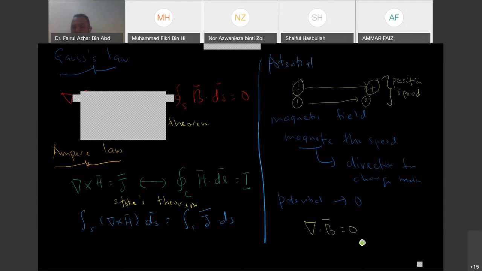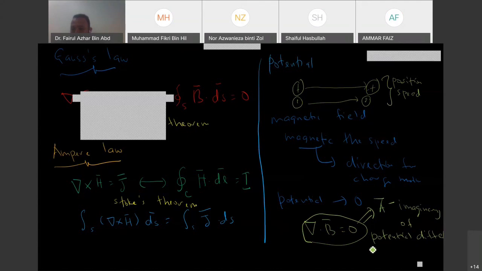To prove this, we will introduce another vector. We call it vector A, which is the imaginary potential difference in a magnetic field. Later on we will see how we can derive this vector.